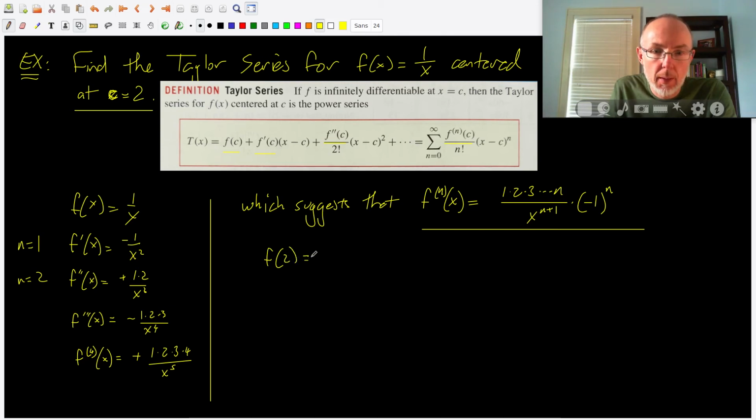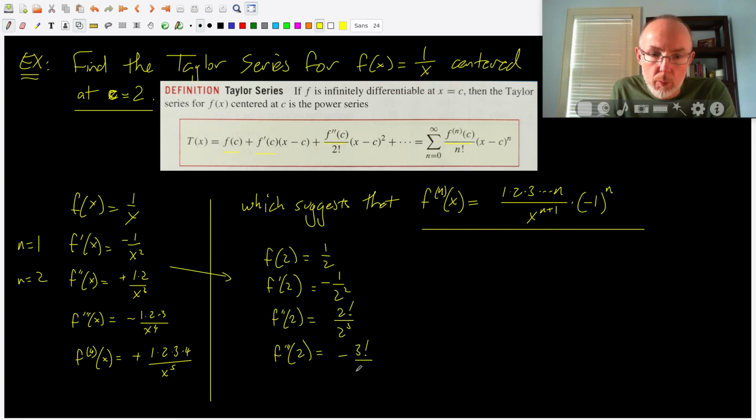So all we need to do now is evaluate these various things at the center where x is 2. So f of 2 is 1/2, and then the derivative at 2 is minus 1 over 2 squared, and the second derivative at 2 is 2 factorial over 2 cubed. Right, I'm just plugging into these expressions. The third derivative, evaluated at 2, is minus 3 factorial over now 2 to the power of 4, and so on.